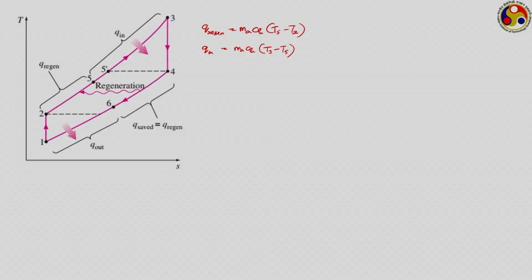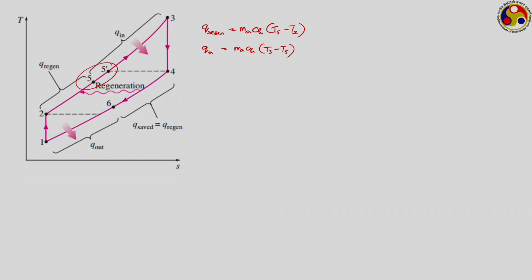If we are talking about an ideal regeneration, then the temperature of air at the end of the regeneration process should have been 5 prime, which is equal to T4, the gas temperature at the end of expansion. However, because of practical issues, we are never able to reach this temperature of 5 prime. Generally, we are restricted to point number 5.